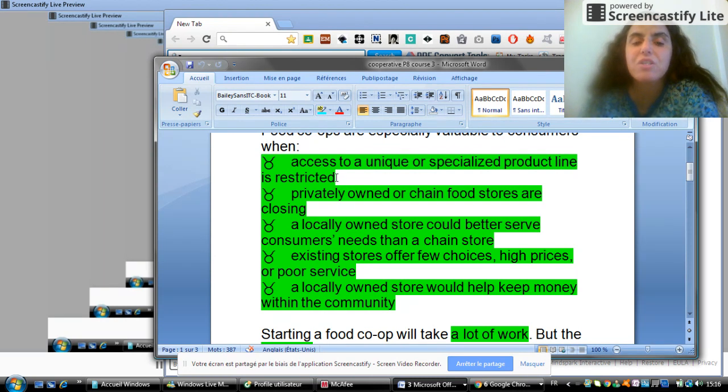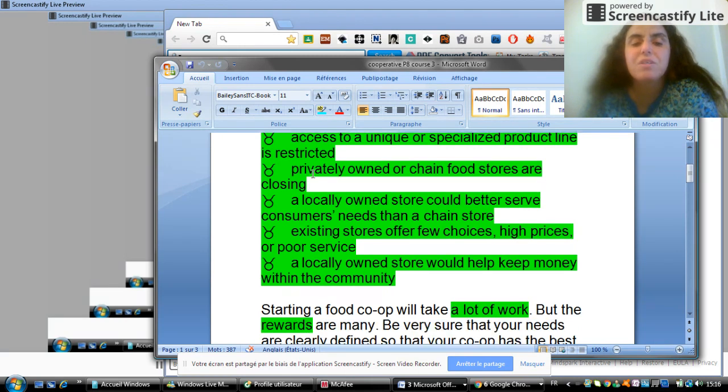This encourages those two individuals volunteering to establish a cooperative to consider it in order to encourage community members to join them and to pay their fee.